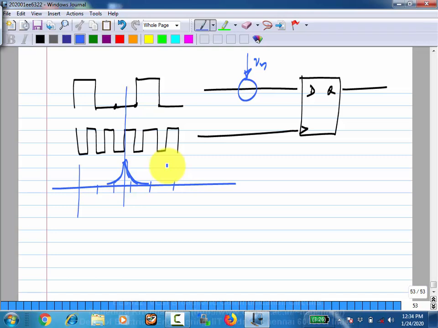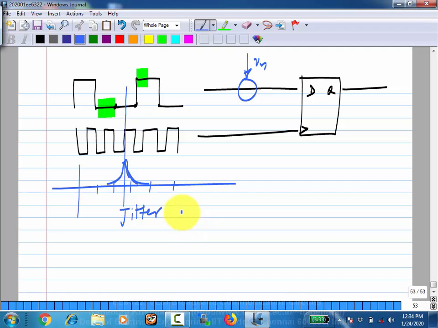Essentially instead of sampling within this interval, you can end up sampling either here or over there, okay? Is this clear? And this phenomenon, the edge of the clock not being exactly periodic but moving away from the exact location, that movement is known as jitter, okay?